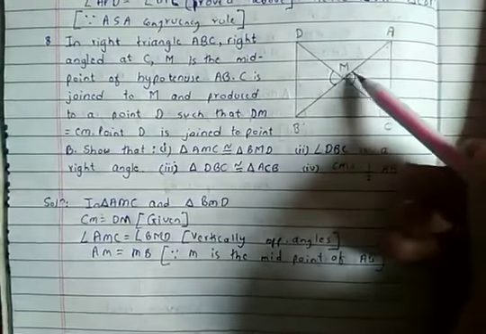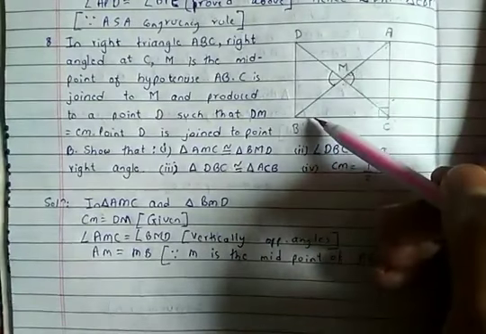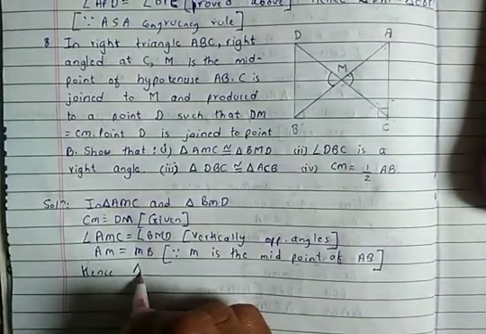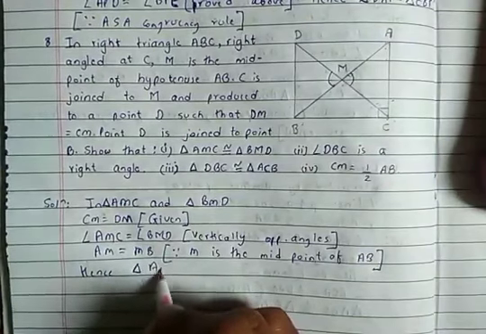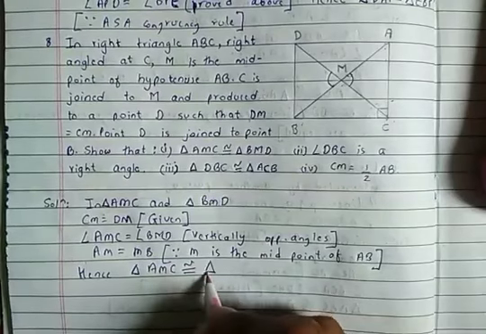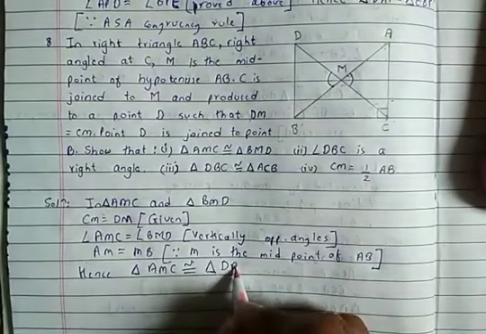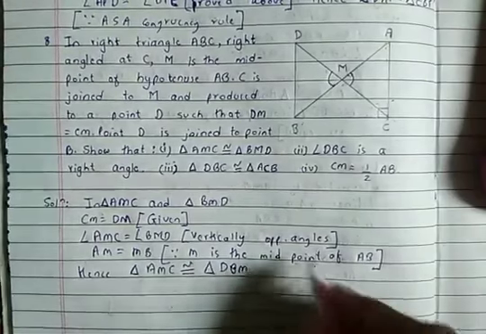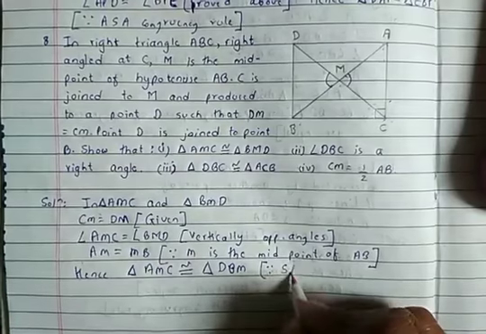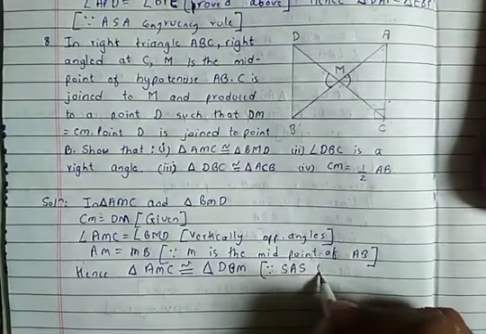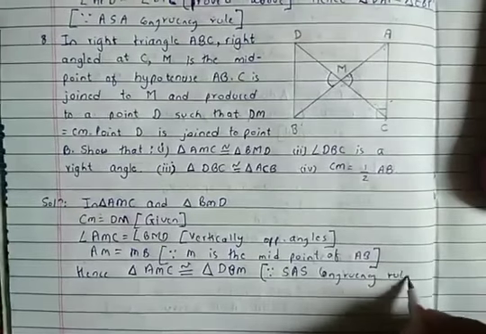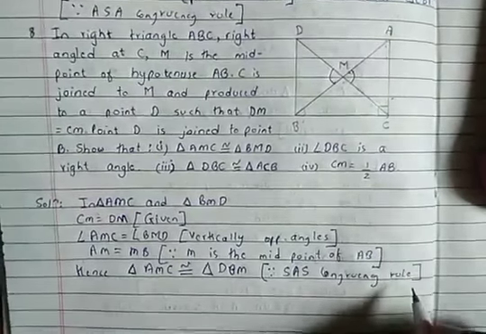So you can say that AM is equal to MB. Right? Hence we can say that triangle AMC is congruent to triangle DBM. You can say this because of side angle side congruency rule. Right? First thing we have proved.